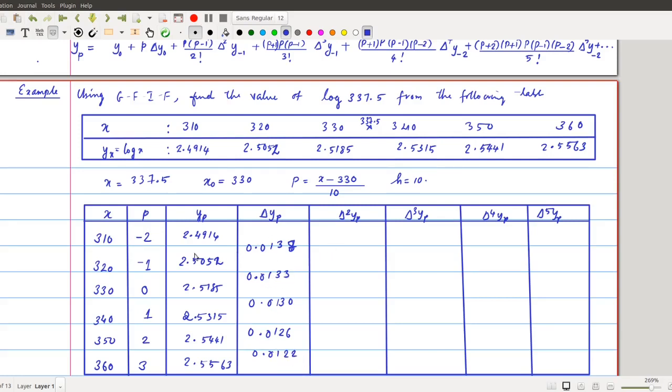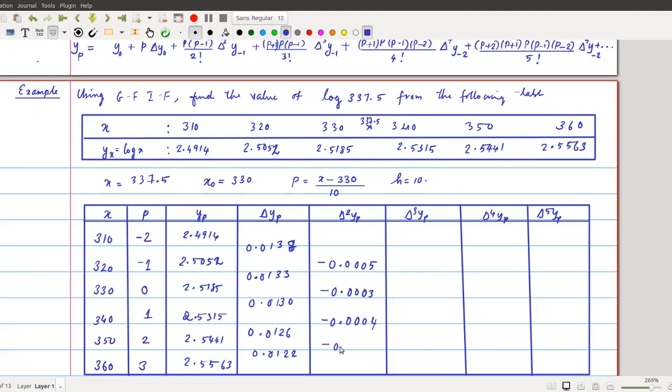Now delta y minus 2 is this one, delta y minus 1 is this one, delta y naught is this one, delta y1 is this, delta y2 is this. The delta square y_p will be this minus this one, the difference between these two. So we have negative 0.0004, and the difference between these is negative 0.0003, and between these two negative 0.0004.